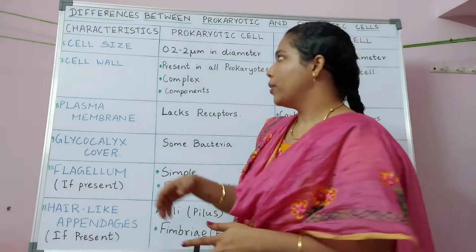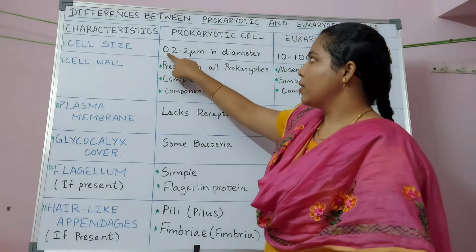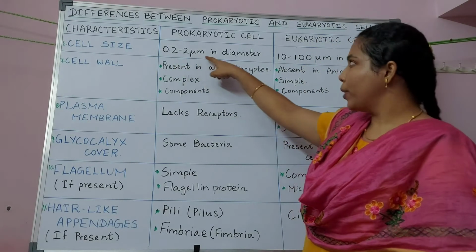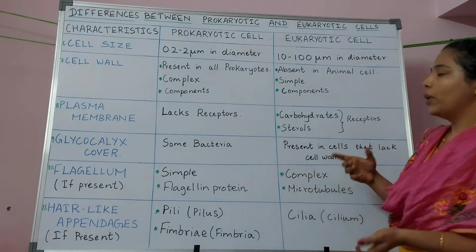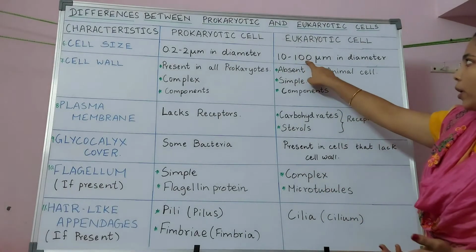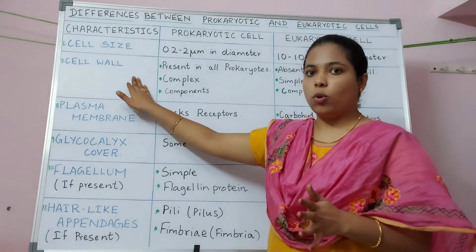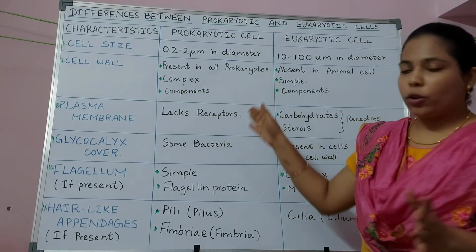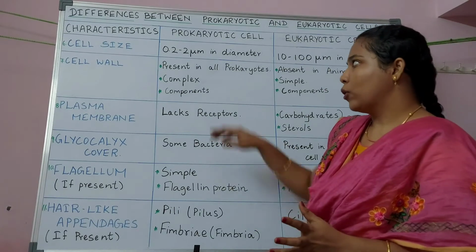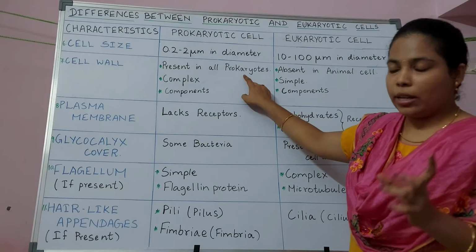The sixth point is cell size. The cell size of prokaryotic cell varies from 0.2 to 2 micrometer in diameter, whereas in case of eukaryotic cell, the size varies from 10 to 100 micrometer in diameter. The seventh point is cell wall. The cell wall of prokaryotic cell is complex, and all prokaryotic cells will have a cell wall.